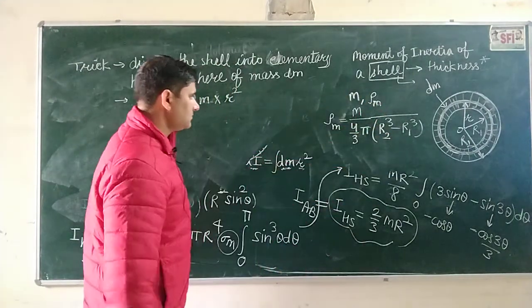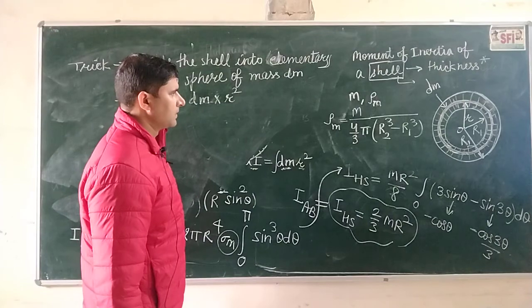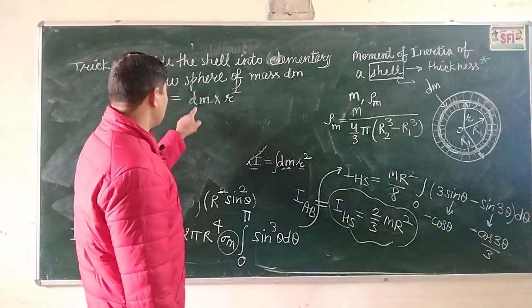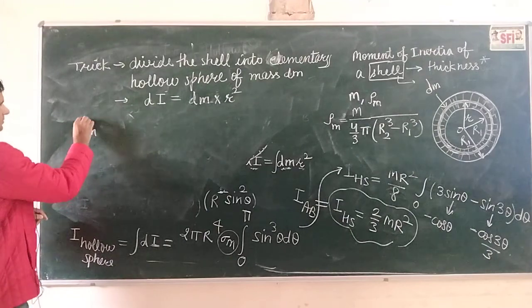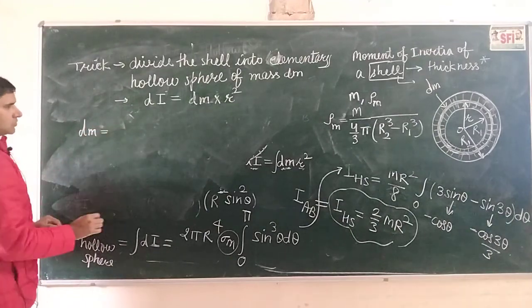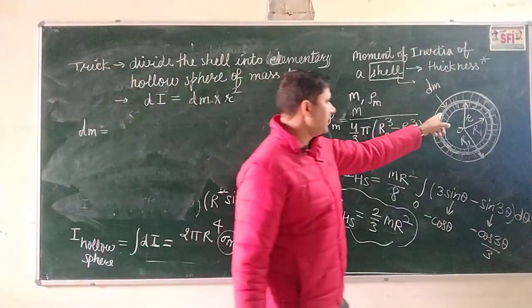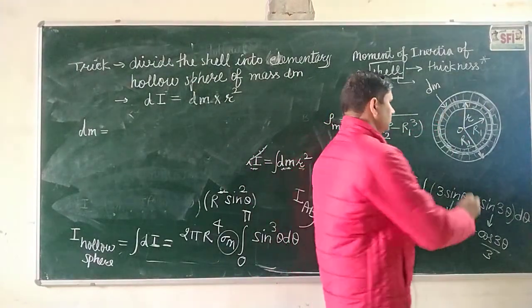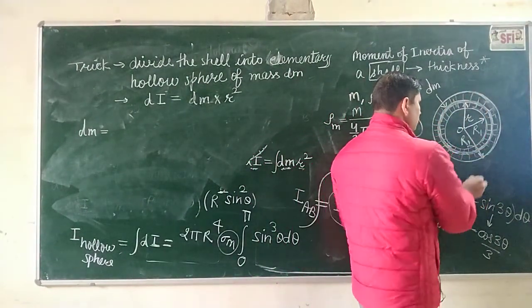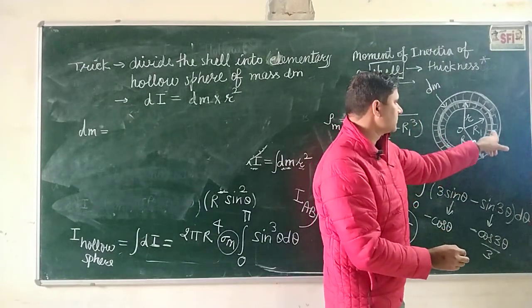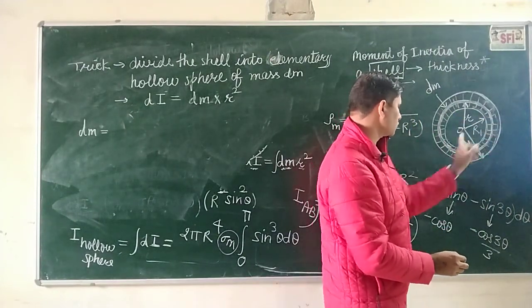And this is the volume mass density of this shell. If you want to find out the small mass of this elementary sphere, then you have to find the volume enclosed by this shaded white elementary hollow sphere.